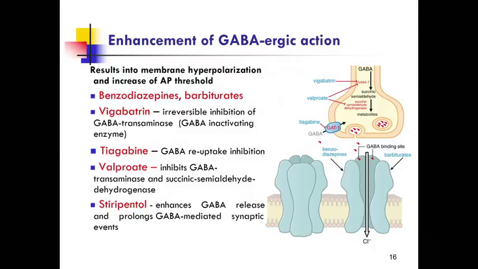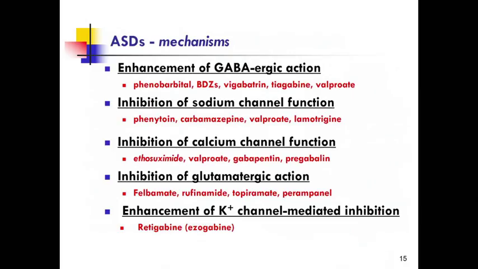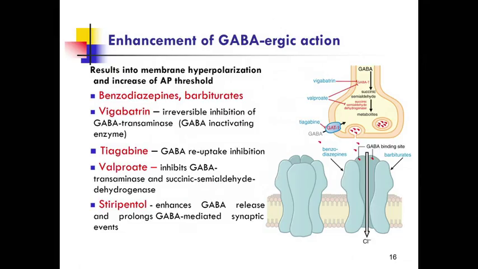So I have said these things. Let's add a little here in the few slides, and we look at the individual agents of impact. So the GABA enhancers would work by suppressing the excitatory tendencies of the hyperexcitable neuron. So, as we said earlier, they would normally work by enhancing the actions of GABA.